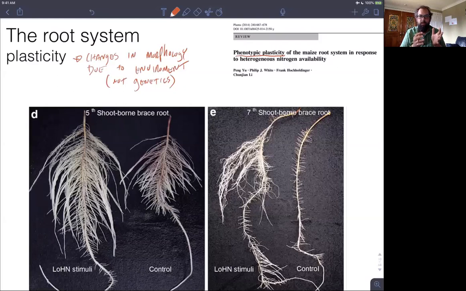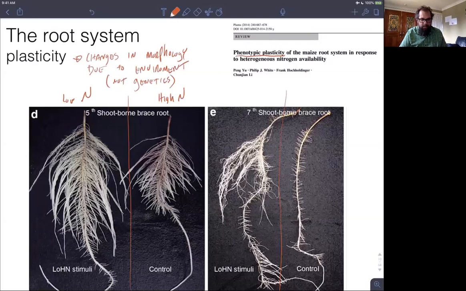In this experiment, they set up a couple of situations, basically showing the same thing on both of these slides, where we have genetically identical individuals grown in low nitrogen and high nitrogen environments.